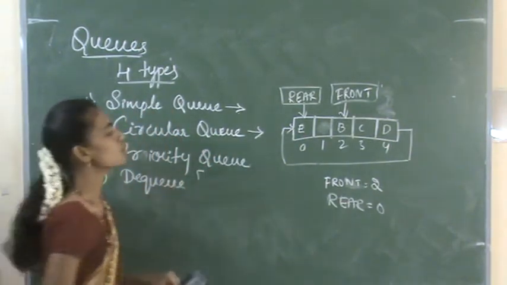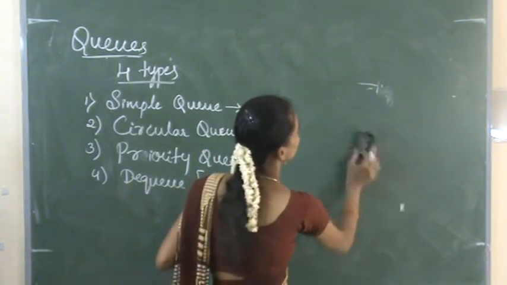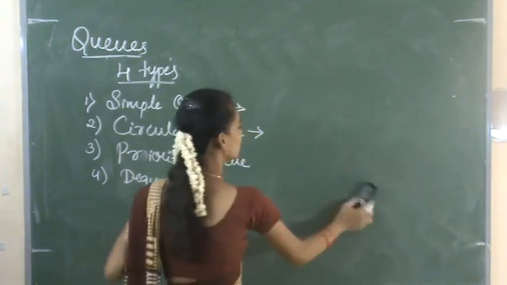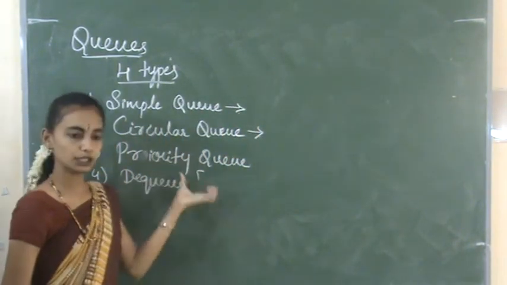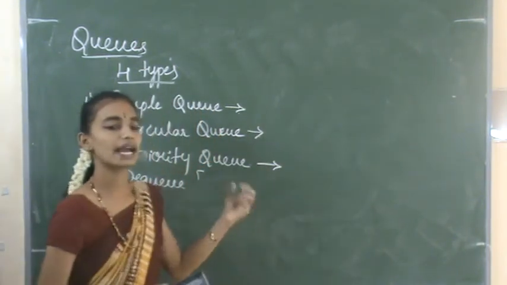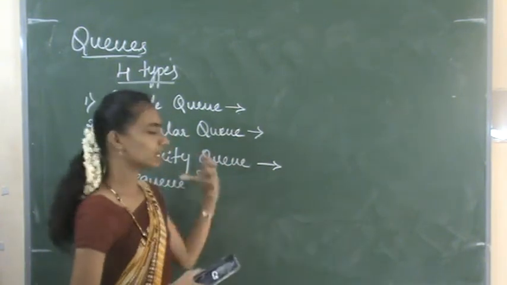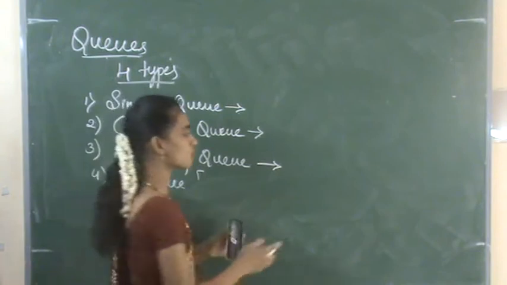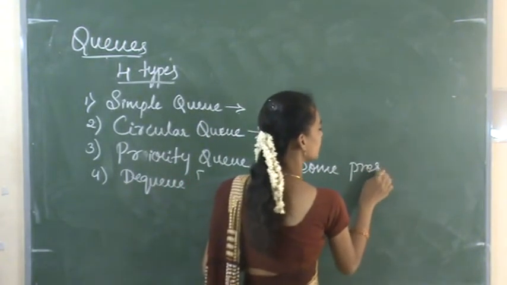Next we have the priority queue. Priority queue, as the name suggests, is about priority. In a priority queue, the elements inserted or removed from the queue are based on some preset priority.